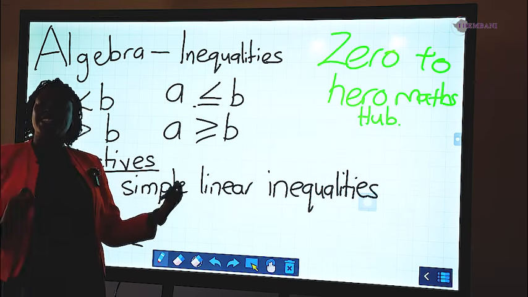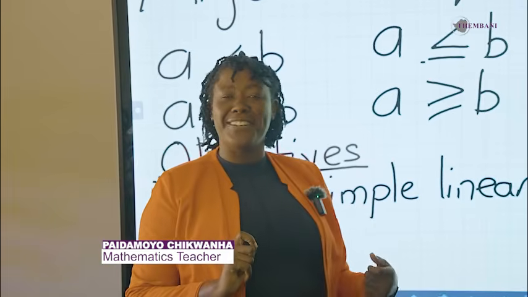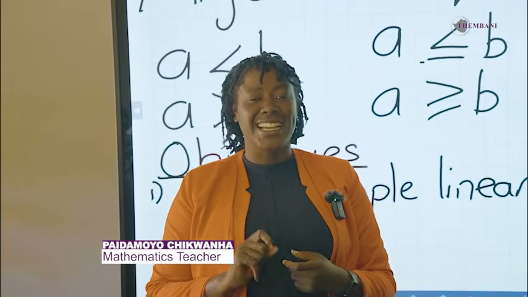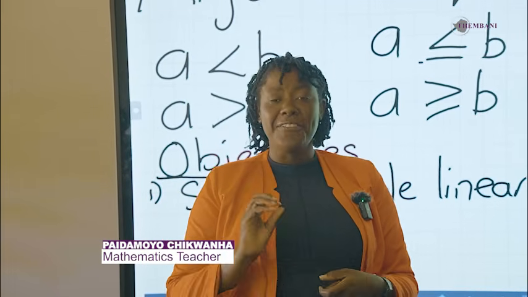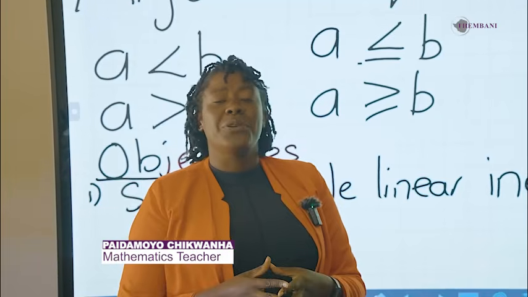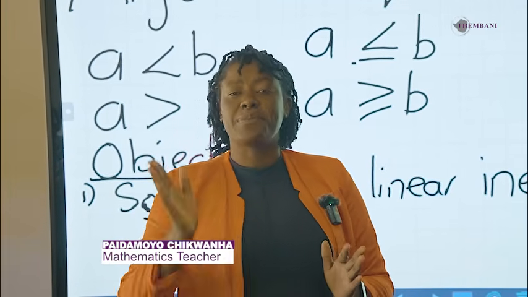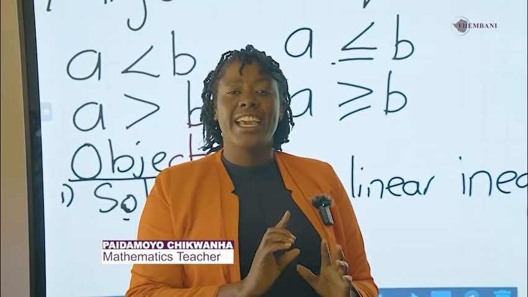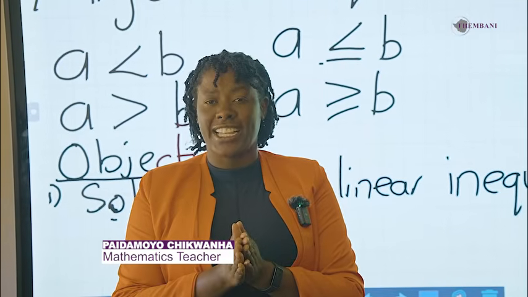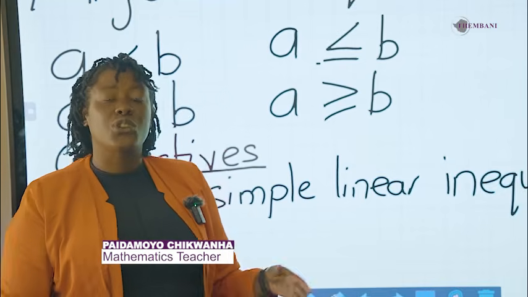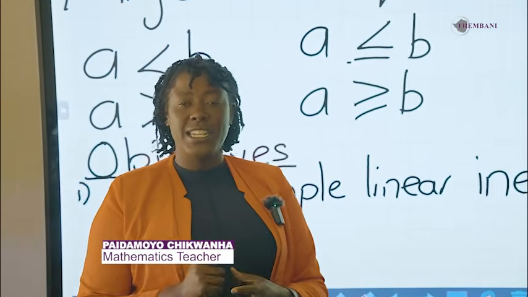For us to understand this topic better, it means we've already covered the concept of equations, because that is our first port of call. So when we are moving terms in equations, if something skips the equal sign, it changes its sign also. It's the same concept which is also applied when we are dealing with inequalities.